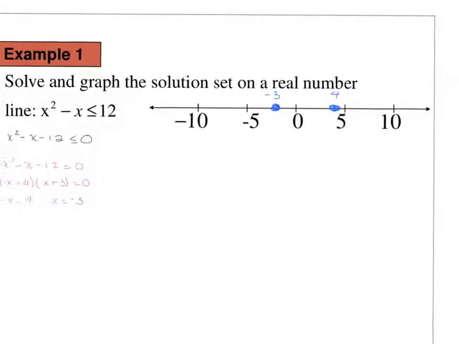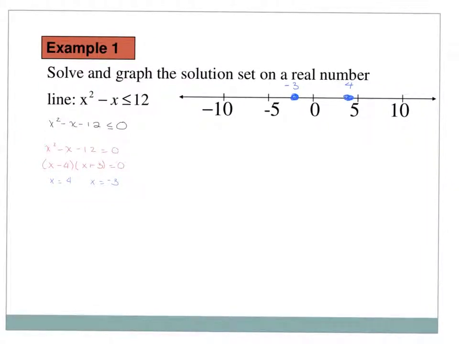Okay. What my first slide said to you was look at the signs. If I substitute 0 in here, I'm going to end up with a negative number less than 0. Is that true? If I put in 0 here, is 0 less than 12? Yes, it works, right? So that's part of our solution set.